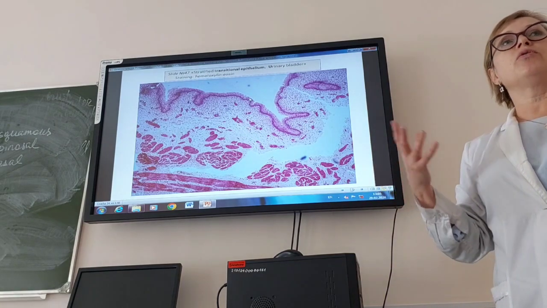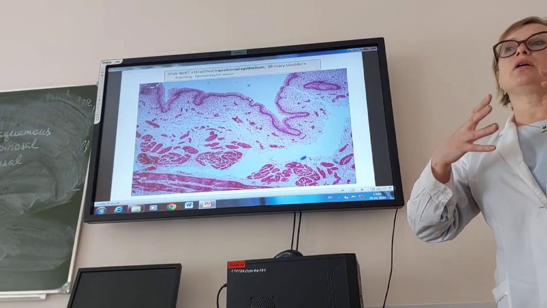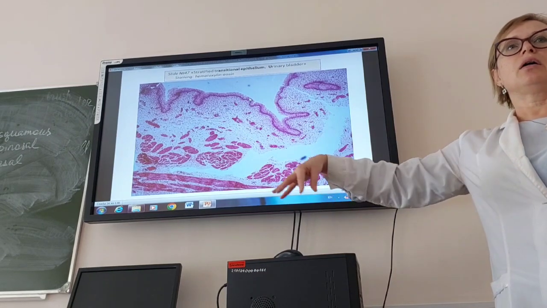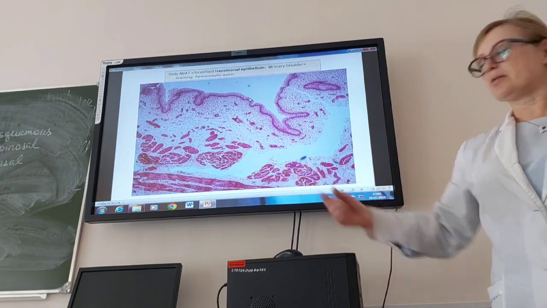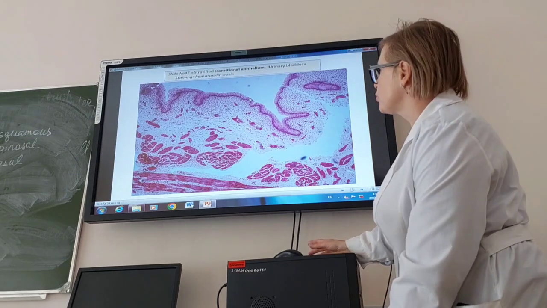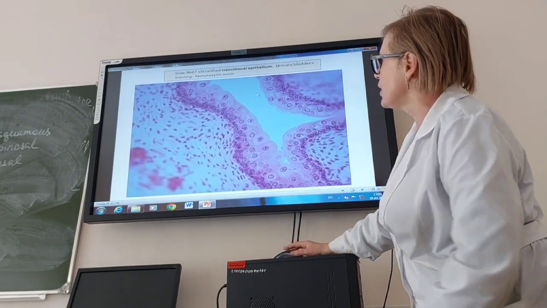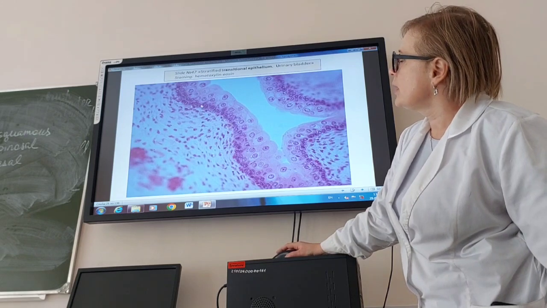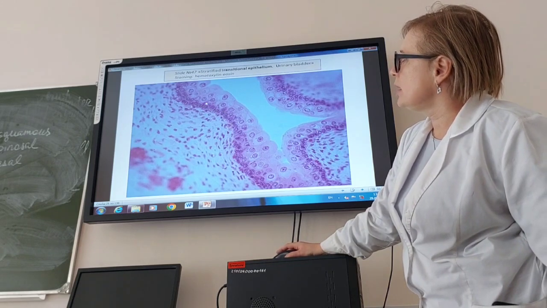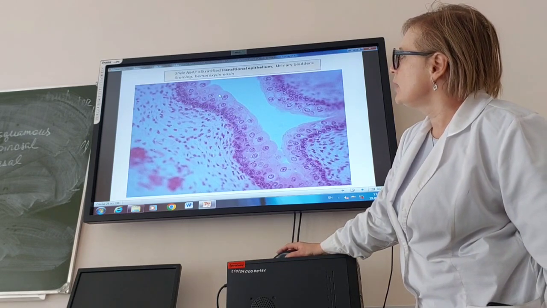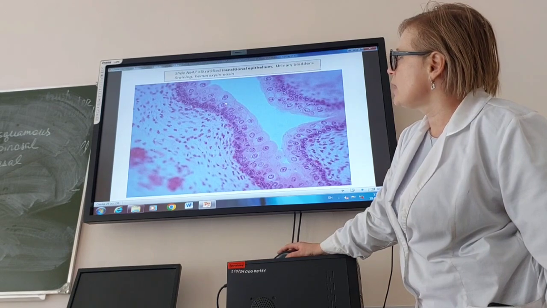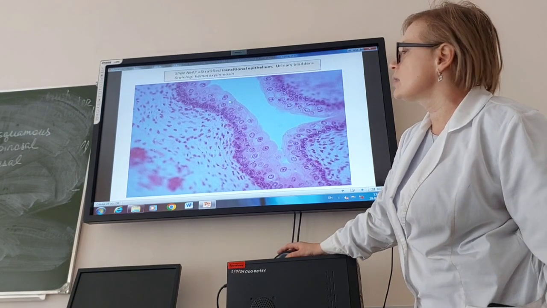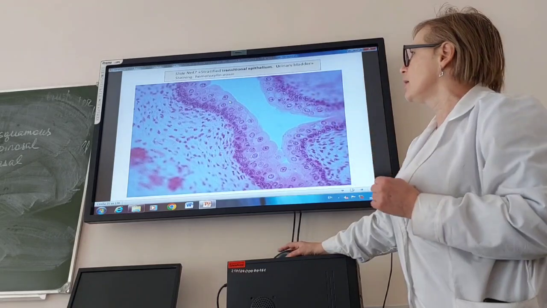It stores urine, and the wall of the urinary bladder can stretch. Yes. So the epithelium should also undergo stretching. That's why, look please, we can see basal layer, intermediate layer, and large round cells on the superficial layer.